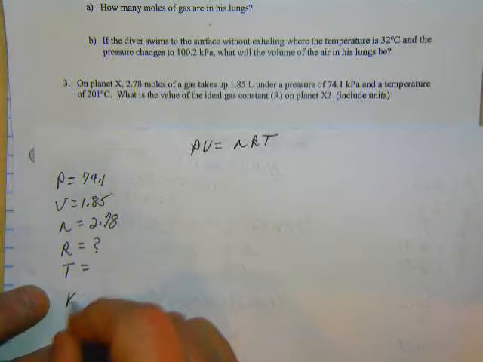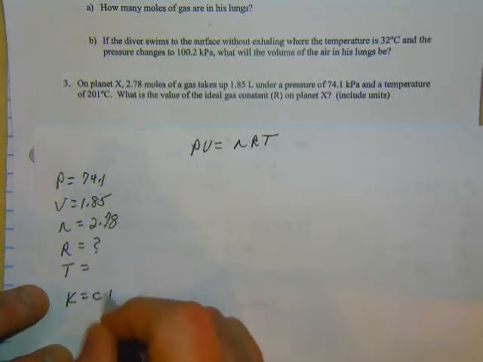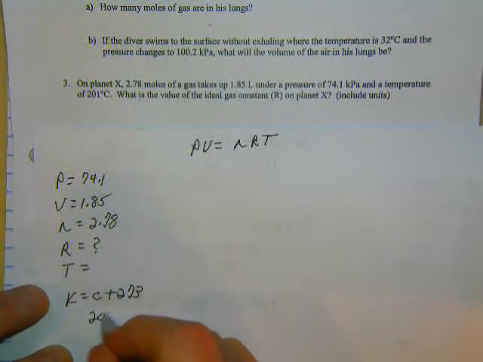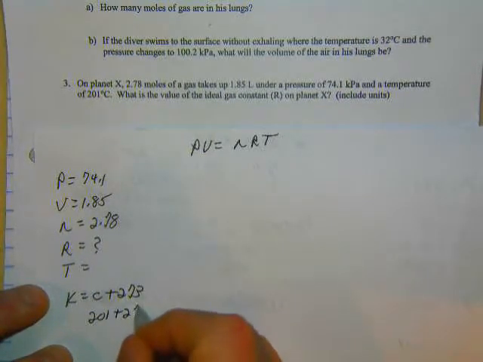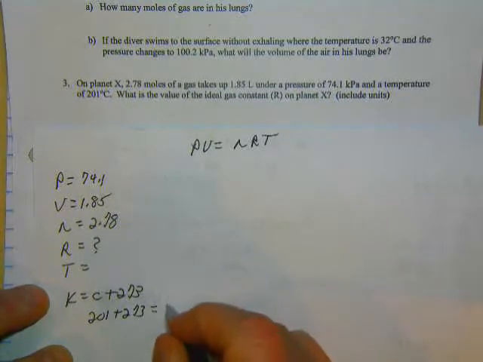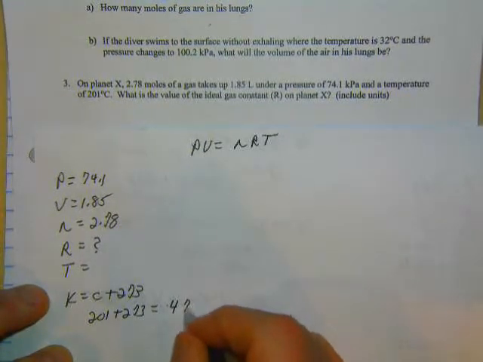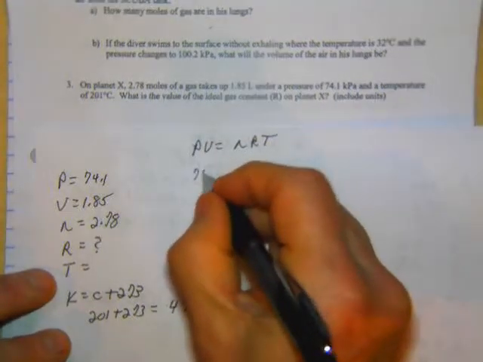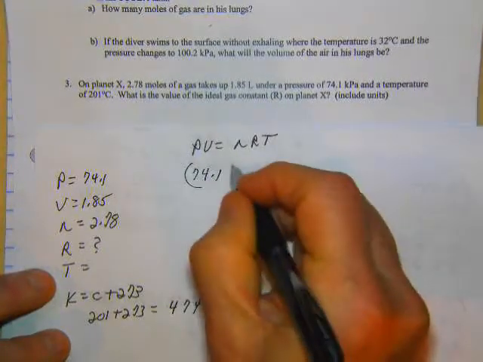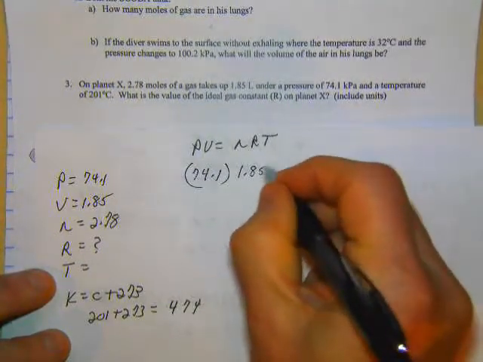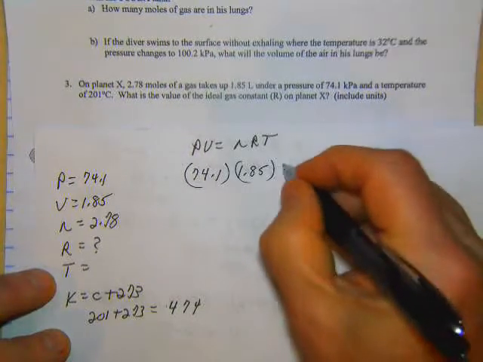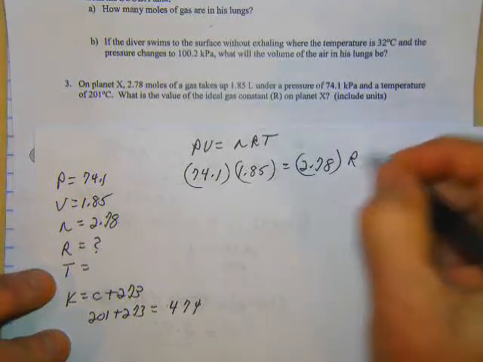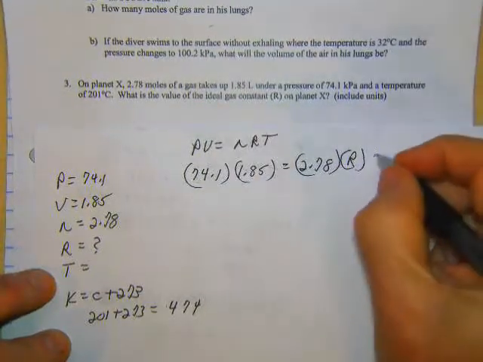So we know Kelvin equals Celsius plus 273. So this is 201 plus 273. It should come out to be 474. So let's go ahead and do the math. Pressure 74.1, volume 1.85. We have 2.78 moles. We don't know R, and we have temperature 474.